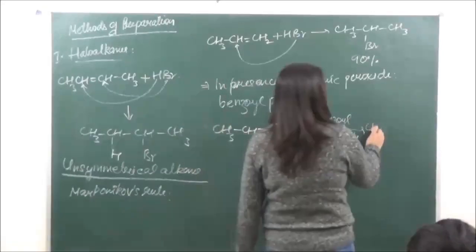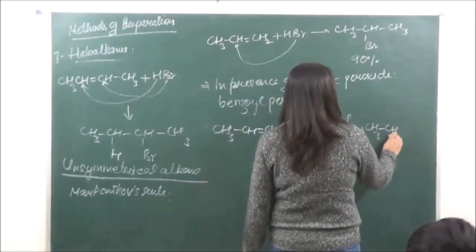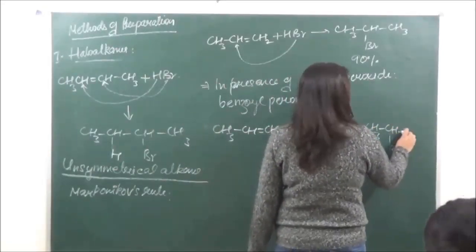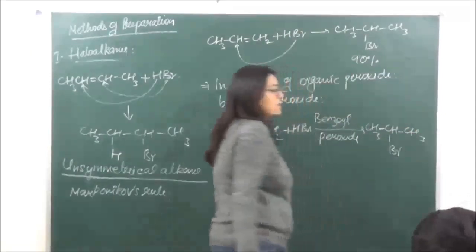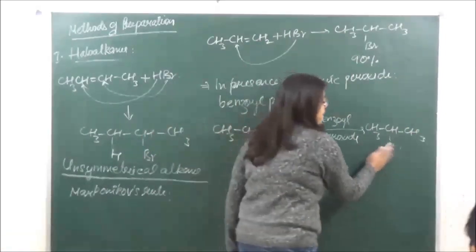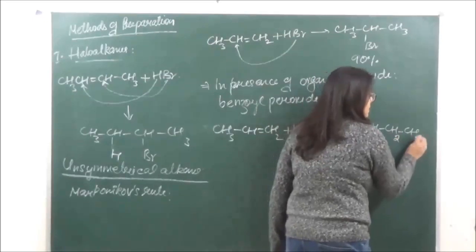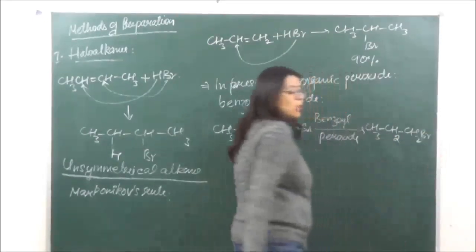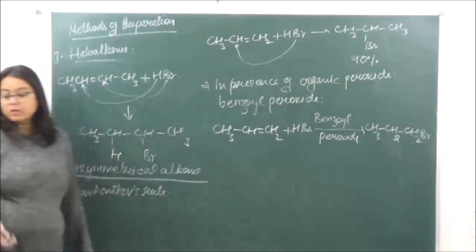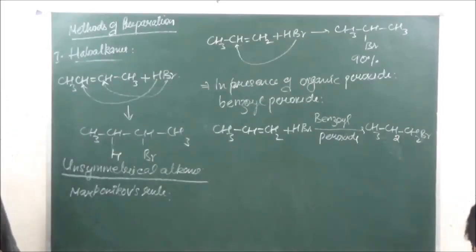We will get CH3, CH2, CH2Br, which is 1-bromopropane. Okay? So this is known as the anti-peroxide effect.